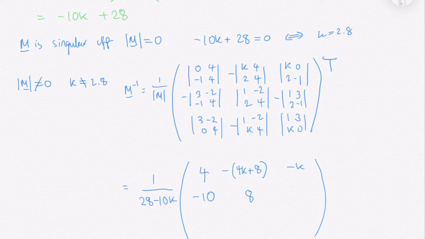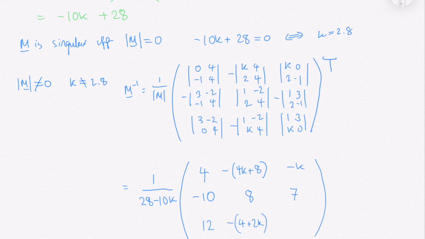which is negative 7, but we have a negative here, so that is plus 7. The next element is 3 times 4, subtract 0, which is 12. The next element is 1 times 4, subtract negative 2k, so 4 plus 2k, but this is negative.